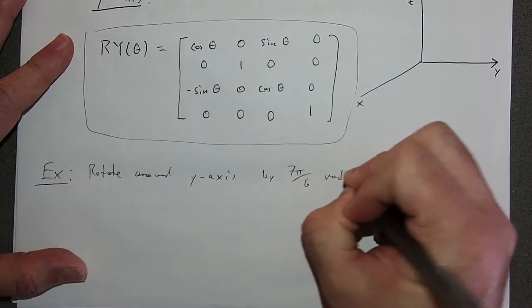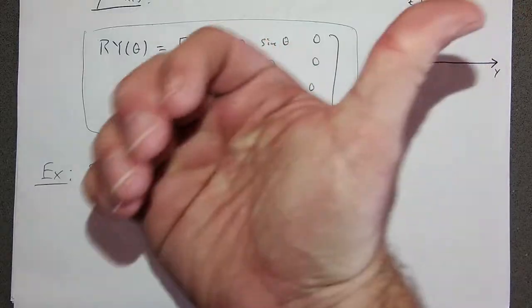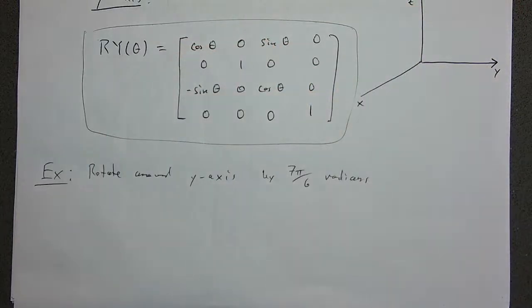And remember, the reason I'm not giving a direction for the rotation here is so that I don't have to continuously give the direction. All of these rotations happen, as I said, respecting the right-hand rule, unless otherwise noted. You could think about how you would alter these transformations if we did the rotation in the other direction. Rotating around the y-axis by 7 pi over 6 radians.